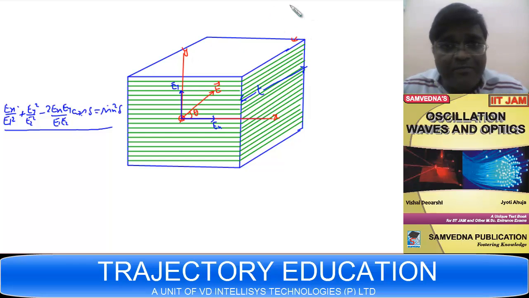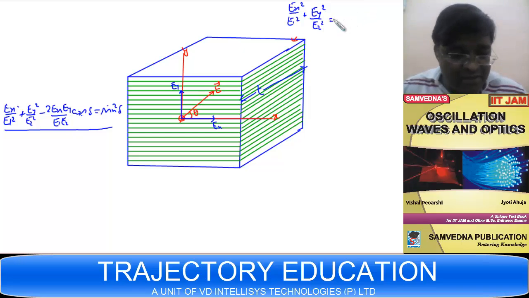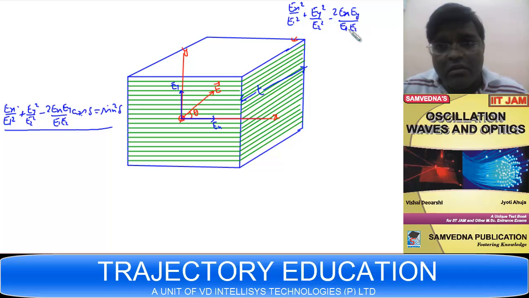I'll write this formula over here. This is Ex square upon E1 square plus Ey square upon E2 square minus 2Ex Ey upon E1 E2 cos delta equals sine square delta, right?